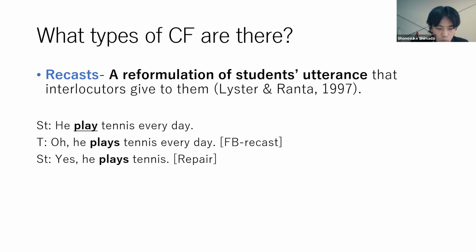Here's an example. A student says, "He play tennis every day." And the teacher says, "Oh, he plays tennis every day." Then the student responds, "Yes, he plays tennis." In this conversation, the student made an error, "play," but the teacher noticed the error and corrected it by giving the corrected sentence.